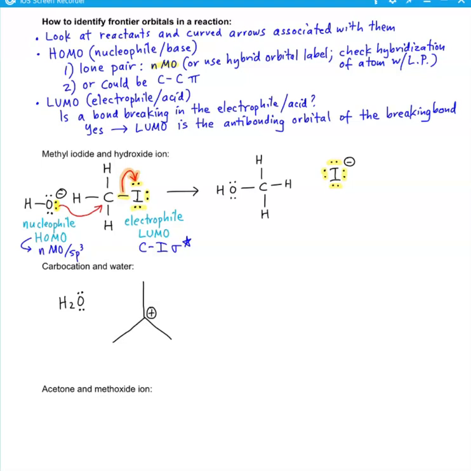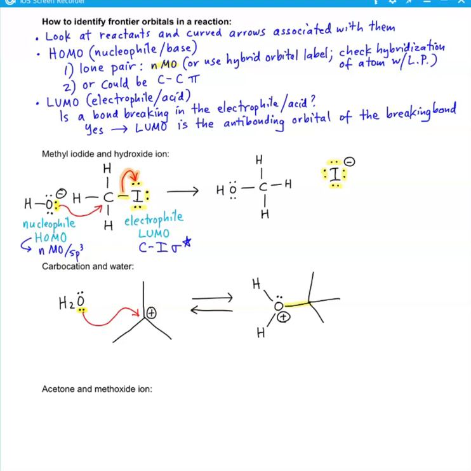So when those two get together, the mechanism looks like this. The water molecule attacks, we would say. It attacks the carbocation, and it does so by using one of the lone pairs on the oxygen. That lone pair is used to form a bond between the oxygen and the carbon. So tracking those electrons through the mechanism.